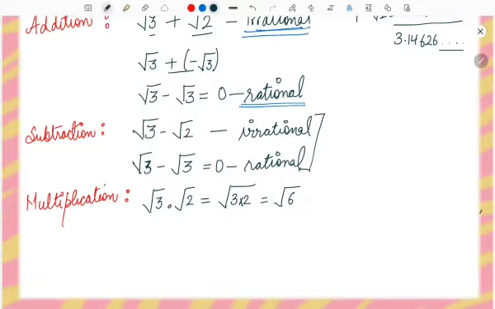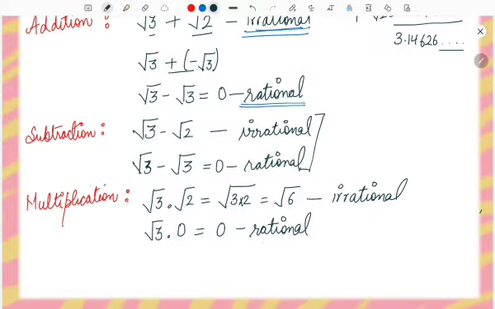Root 6 is not a square number, so the answer is irrational. Right? What if I multiply root 3 by 0? The answer I am going to get is 0, which is a rational number. Again, both the cases are possible, right? Then the last one is division.